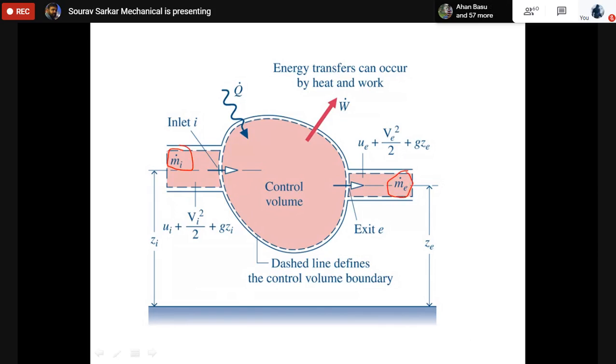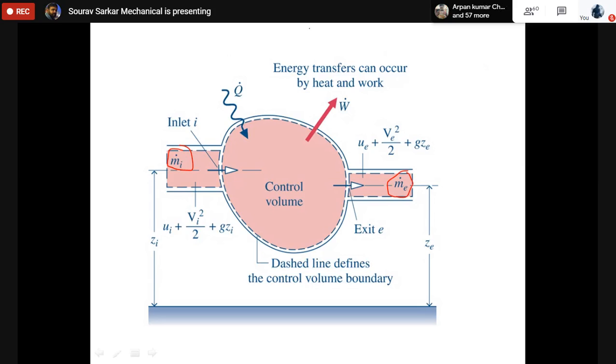We already know that if the system is steady, m dot i will always be equal to m dot e. If the system is not steady, that means the water level is changing, or something is happening inside that causes an accumulation or decrement of the level, so there might be some transient term. But here there is no transient term. We can consider that m dot i equals m dot e.